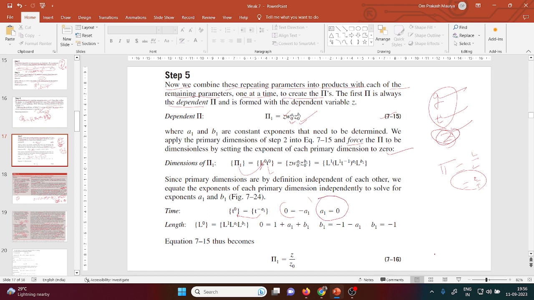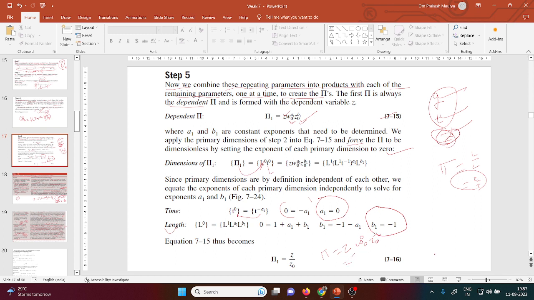Now for the length, you go for the length. The length is L0 here, and L1 to the a1 and b1. So 1 plus a1 plus b1. Your a1 is 0, so your b1 is simply, by algebra, minus 1. So if you put here, pi is equal to Z and W naught to the power 0 and Z naught to the power minus 1.